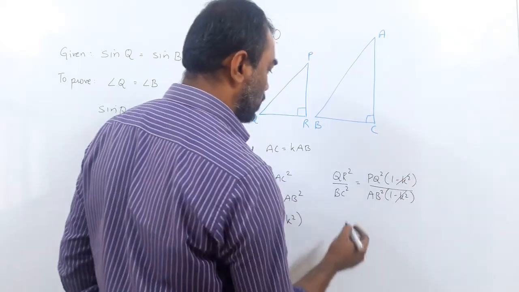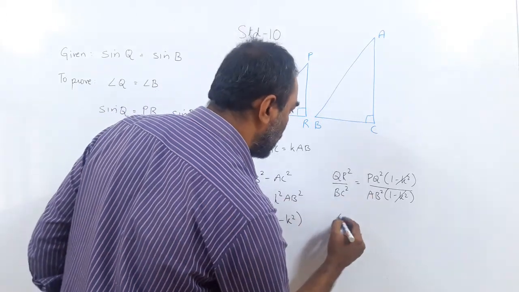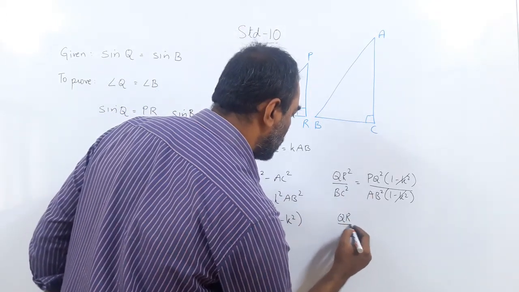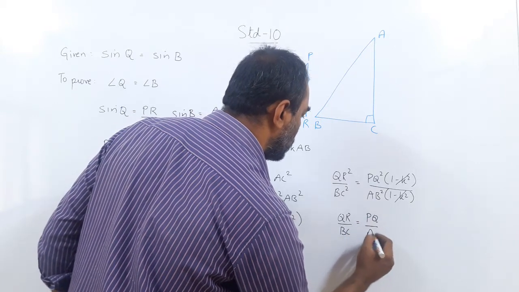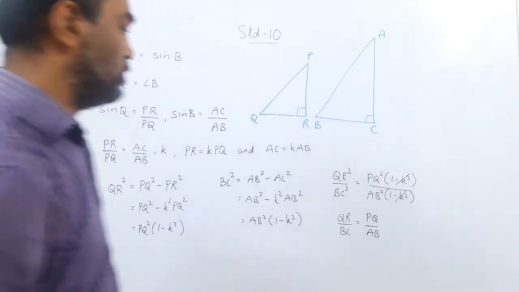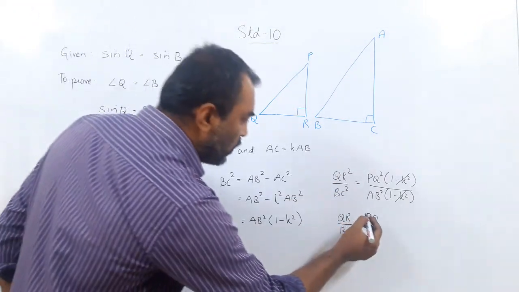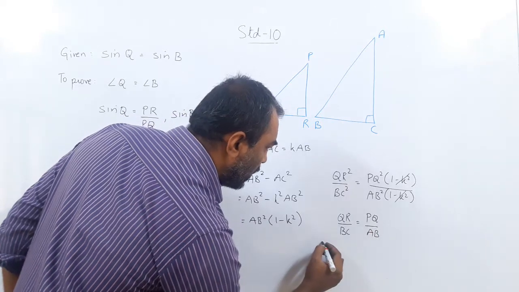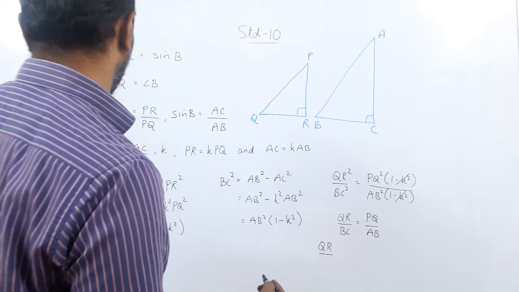This and this got cut. So QR square upon BC square equal to PQ square upon AB square. So I get QR upon BC equal to PQ upon AB. Okay, I cut this and I took the square root both sides. Now if I rearrange this, I get QR upon PQ.